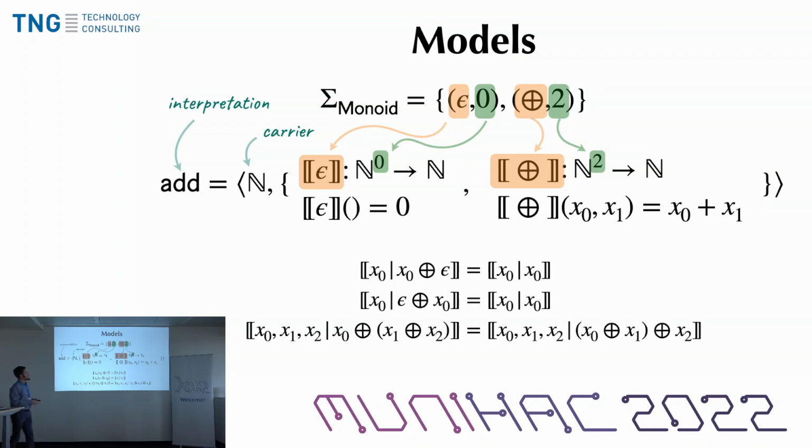And so I'm going to skip through this and say, all we're trying to do here is come up with some kind of interpretation in some kind of carrier. So this is the final value that we have for our computation, such that we have an interpretation that knows how to deal with each of the different operations. And this corresponds to the algebra that we fed to our handler earlier on. So the theory dictates that this is what we want to be doing. Thankfully, we're doing it in practice.